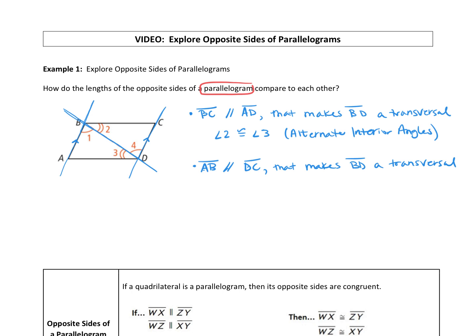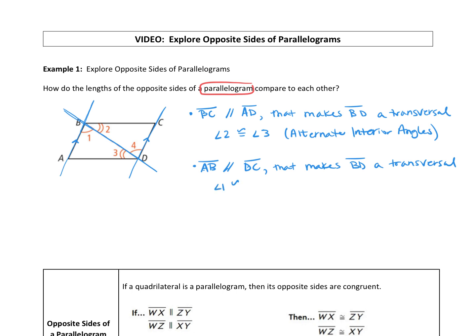So let's take a look at what angles are formed by our parallel lines and the transversal. If I go over here where the parallel line and the transversal intersect, I can see they are forming angle 1. If I go to the other parallel line and the transversal, do you see how they're forming angle 4? So angle 1 and angle 4 are another set of alternate interior angles.